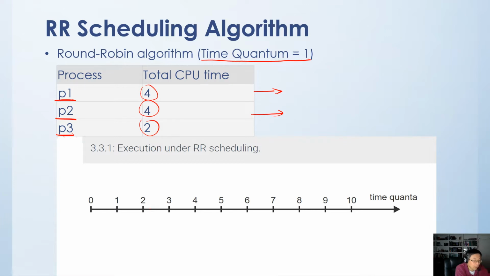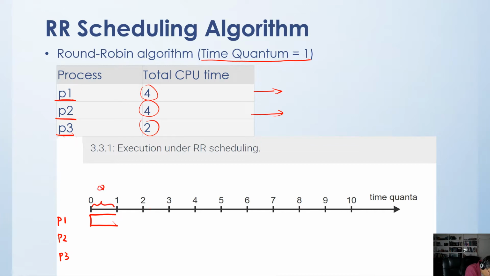Now let's draw the diagram. We have P1, P2, P3. First, the CPU may pick P1 to execute. Let's say each of these is just 1 time quantum.